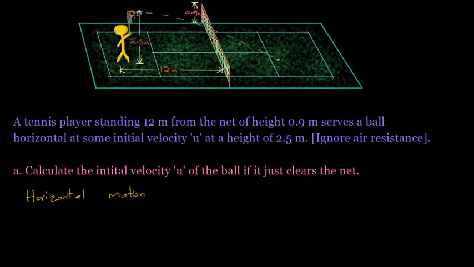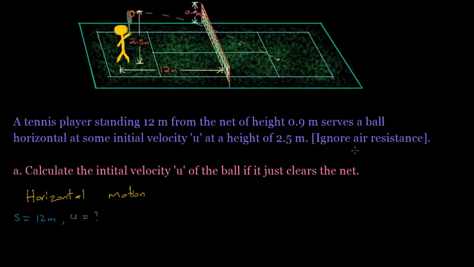So we have the ball. It's going to travel horizontally from this position until it reaches the net. And we're told that the displacement from the player to the net is 12 meters. So let's put down some variables in the horizontal motion. We will have our displacement s, which is 12 meters. We're also going to have u, which is the unknown, what we're trying to find.